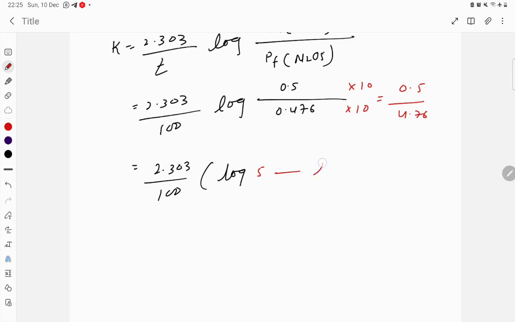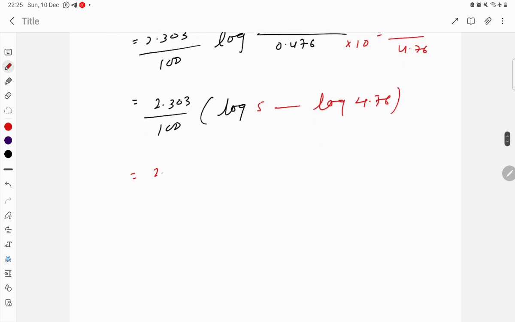So log 5 minus log 4.76. Now you can solve very easily. So here 2.303 upon 100, log 5 value everybody knows, student, 0.6989, and the log of 4.76 value is 0.6776. This will be given in the exam, student.